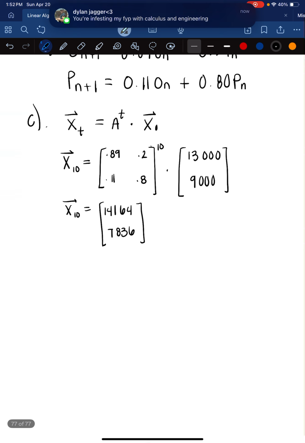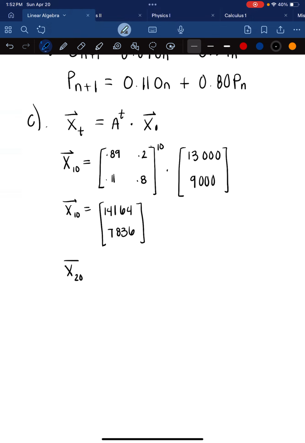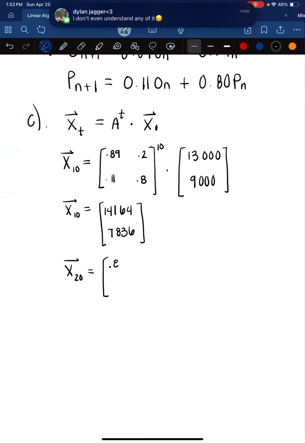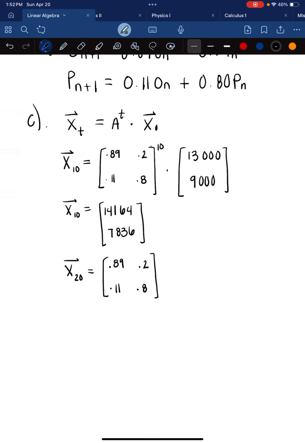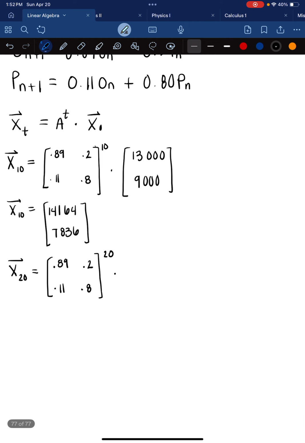Now for 20 minutes, we take our A matrix to the 20th power, since we want viewers after 20 minutes, times x naught.